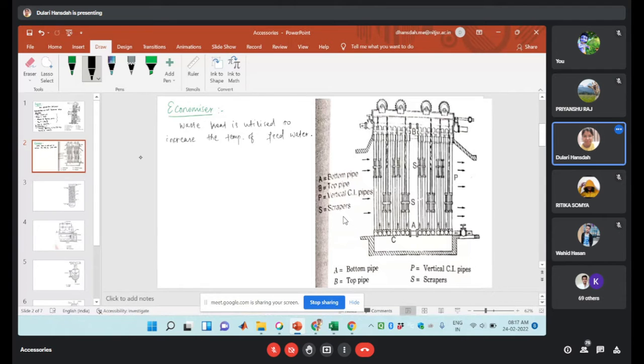Okay, so there are two types of economizers available. First one is the independent type. Second one is the integral type.